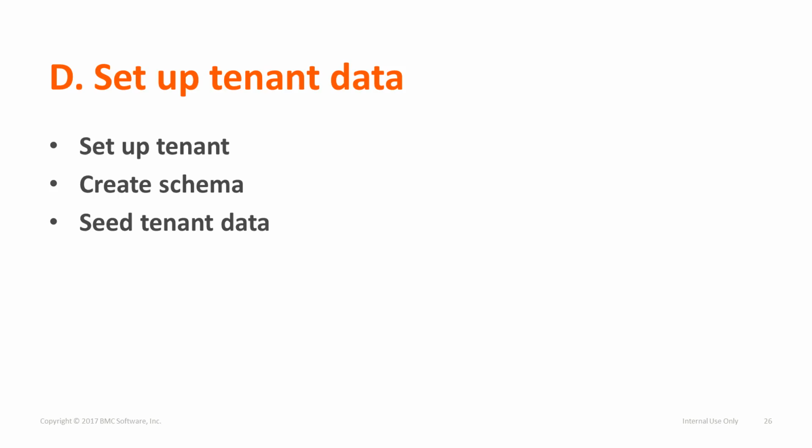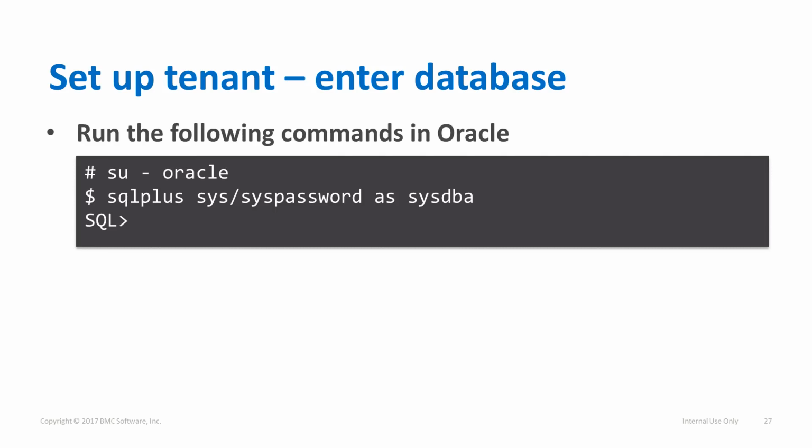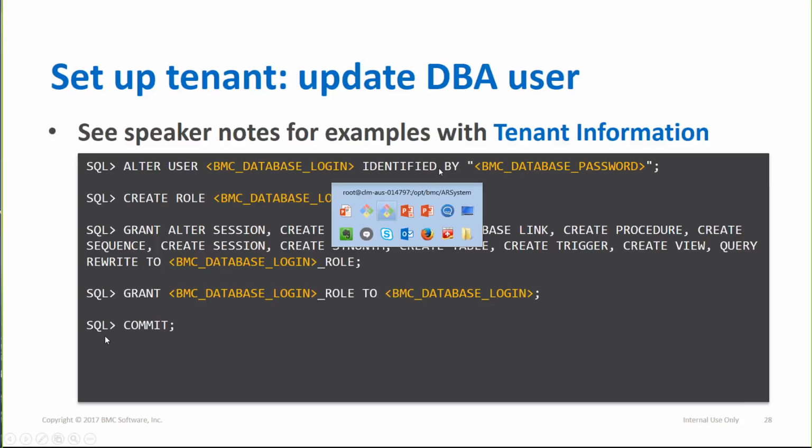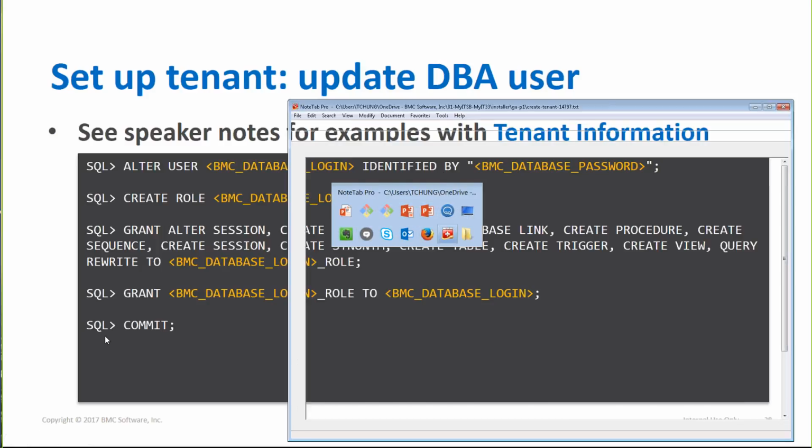After you've successfully installed your system, you can set up your tenant information, and it takes a couple of steps. One of them is that you have to prepare the database for it, and then you can upload the data. So back to Oracle, we went back into the SQL Plus console, and then I took all of these commands, which are written in our documentation, and entered them into a text file like this.